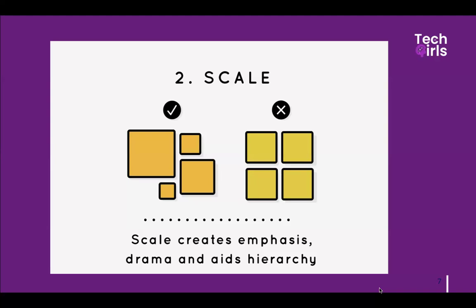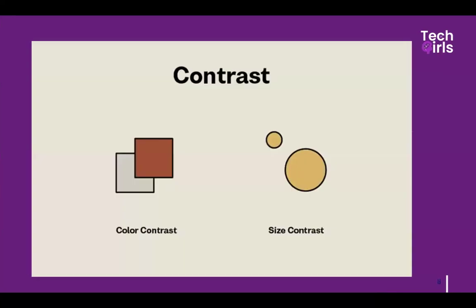It's just like in a newspaper, they put the bold headline because they want to catch your attention. The smaller one is not unimportant, but the bold one has captured your attention more. So scale creates emphasis, drama, and adds hierarchy to a design.